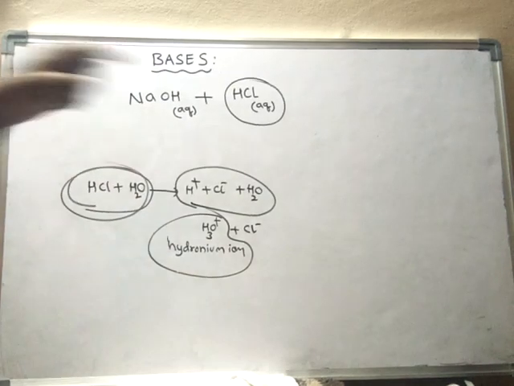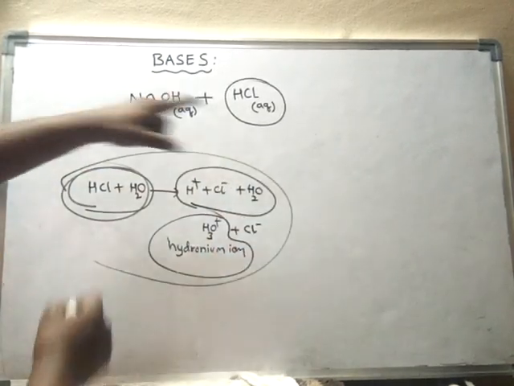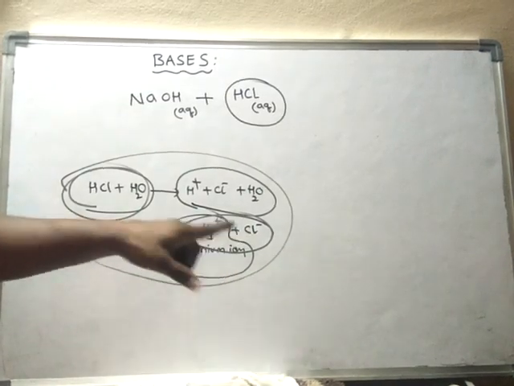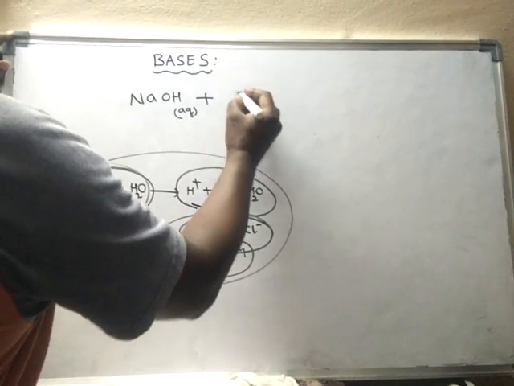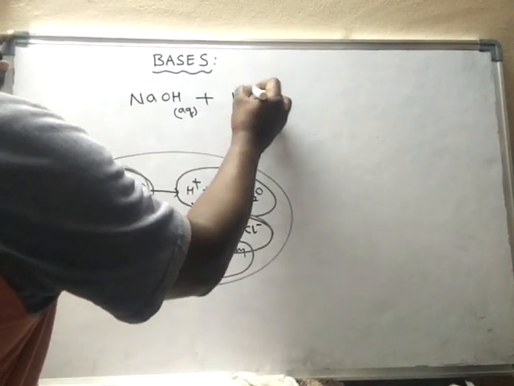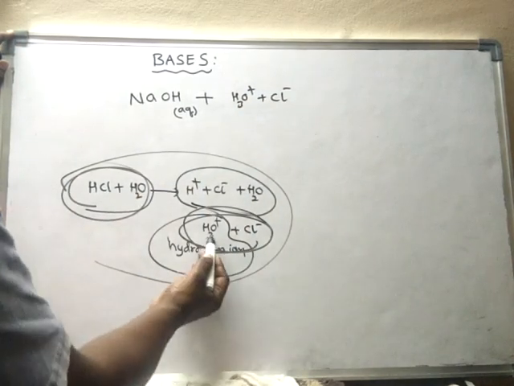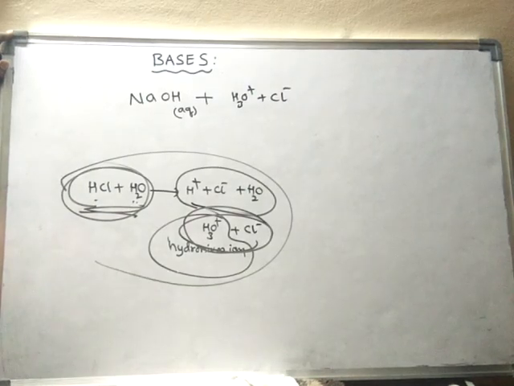So how to define a base? Instead of writing it that way, I can write hydronium ions and Cl minus, H3O plus and Cl minus, which is nothing but the aqueous solution of acid.